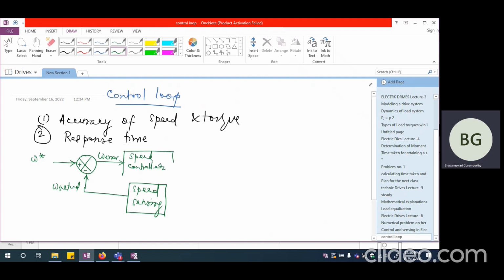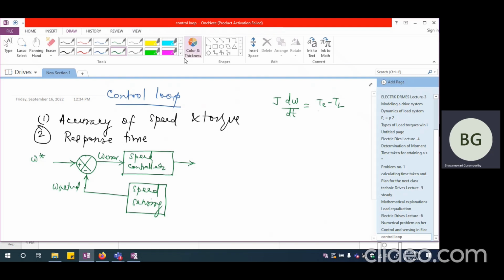The speed controller could be a PI speed controller, fuzzy logic controller, ANN based controller, PID controller, whatever is the control mechanism that we are employing here. Now the speed controller has to ensure, because I have J d omega by dt equal to TE minus TL.